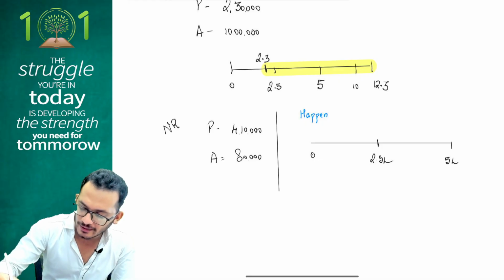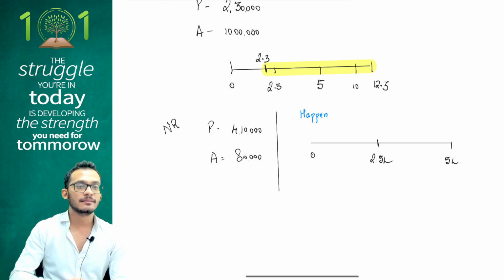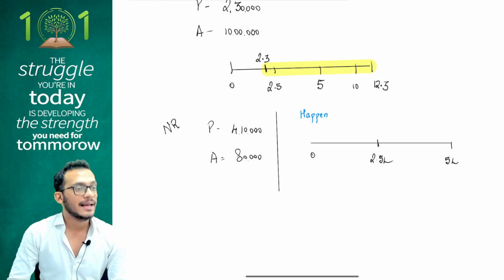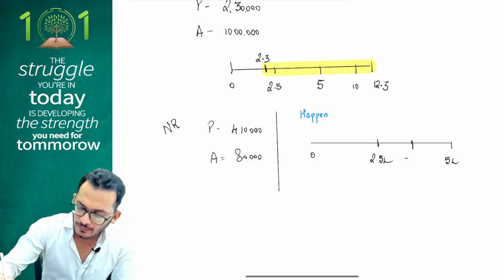First, what is happening? First 2.5 goes to central. Then Agri came in and Agri said, I want 80. Which means 2.5 lakhs plus 80 is 3.3 lakhs.